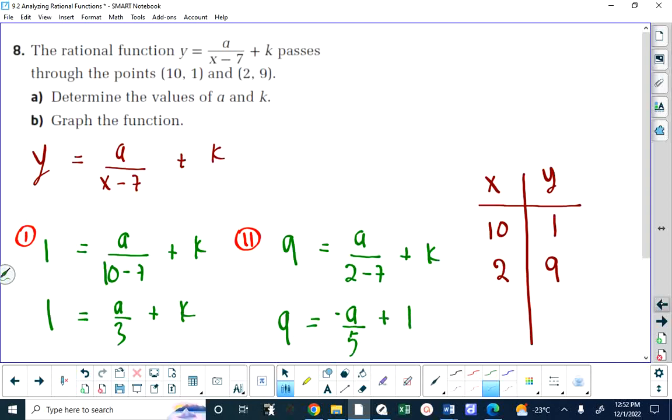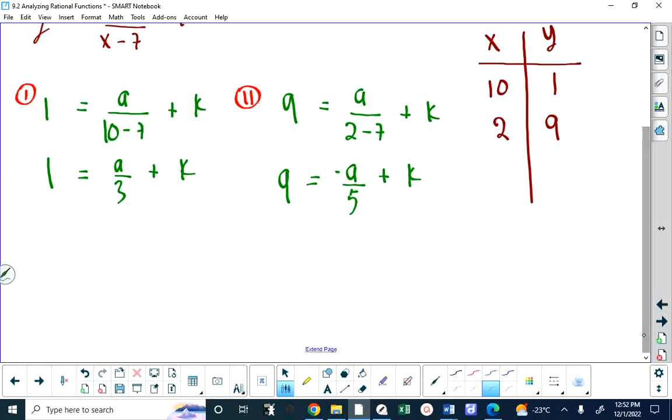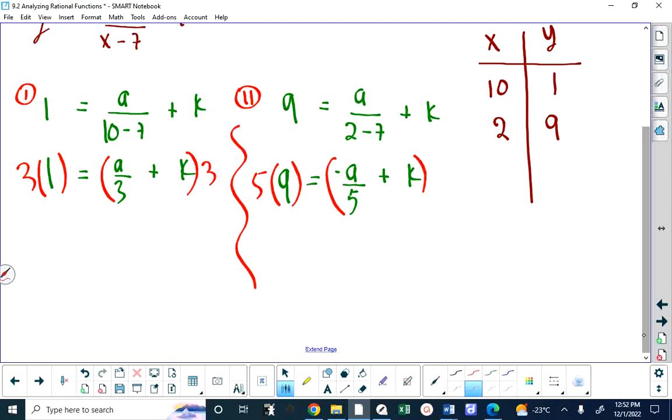Plus k. And now I'm going to solve this system. They're both linear, but I want to turn them into linear equations that don't have fractions in them. So I'm going to multiply both sides of the first equation by 3, and both sides of the second equation by 5.